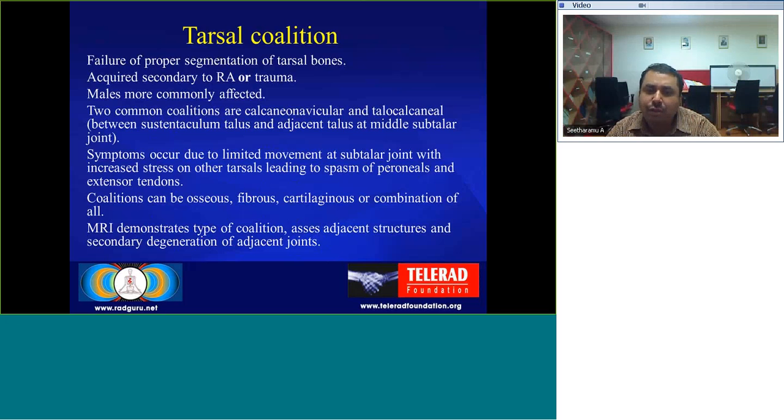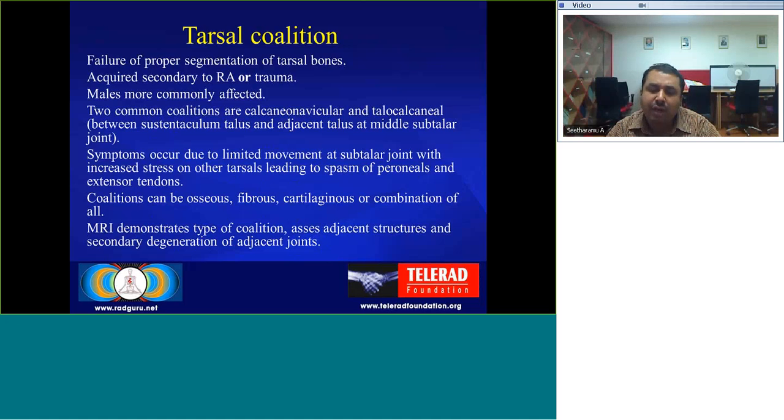The symptoms usually occur due to limited movement at the subtalar joint with increased stress on the other tarsal bones and spasm of the peroneal as well as extensor tendons. Coalitions can be osseous, fibrous, cartilaginous, or usually a combination of many types.